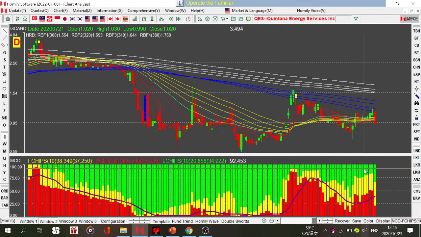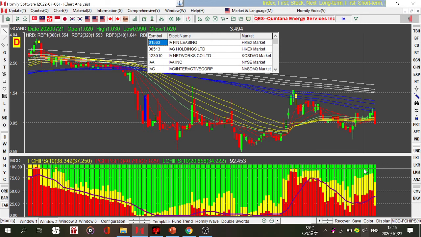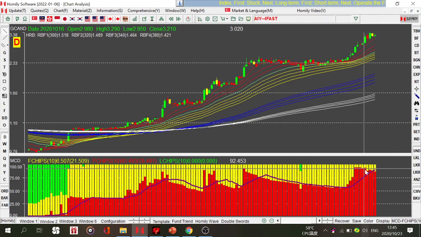So the easiest way to make profit, the safest, and the method which can give you the biggest profit is a long-term uptrend. Just the same as iFast, right? You check all the bullish stocks. This would be the safest method for you to make profits.